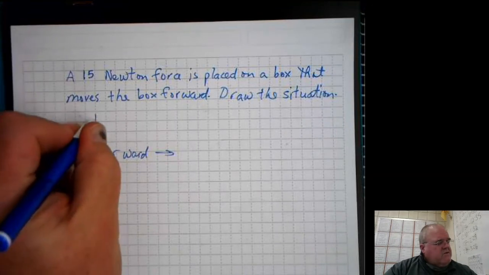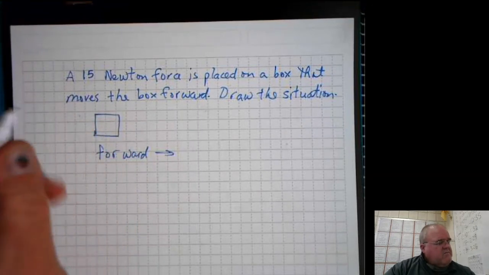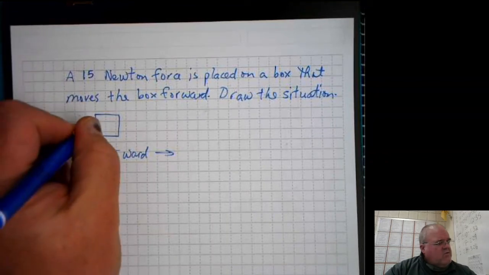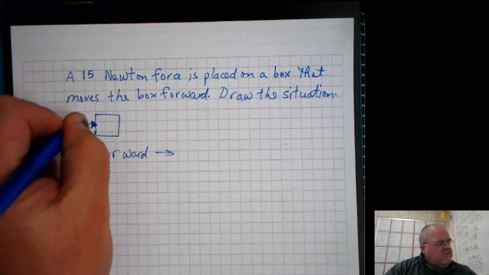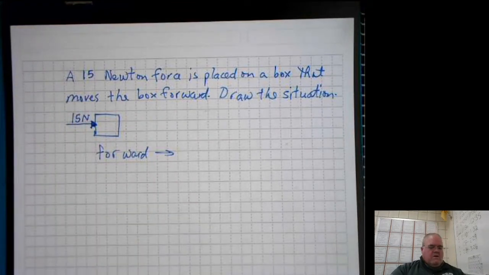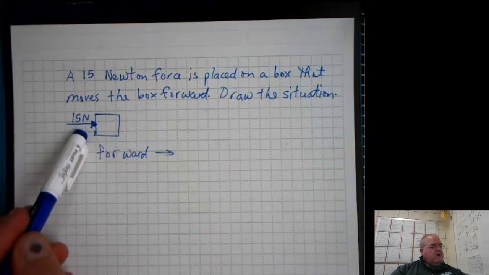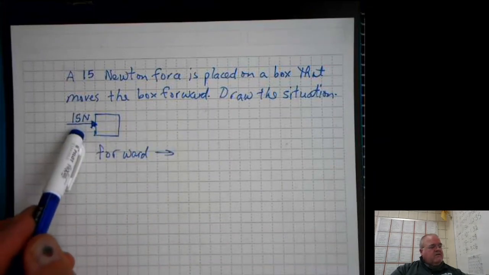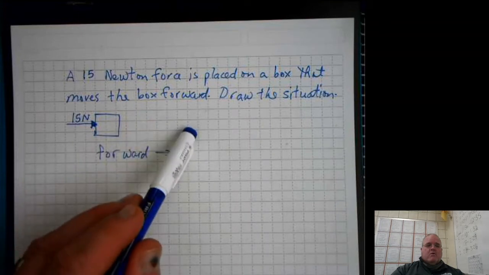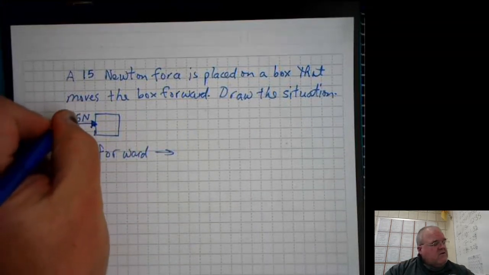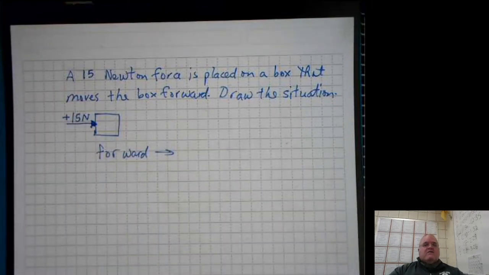So I'm going to draw a box, and since I'm pushing it, I'm going to put my force here, and this is going to be 15 newtons. Because I've described forward as moving to the right, when I draw my arrow to the right, that says it's 15 newtons moving forward. We tend to think of forward as the positive direction, so I could also write it as 15 newtons forward with a plus sign there.